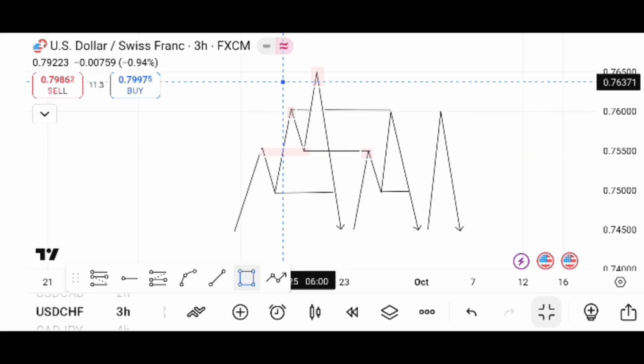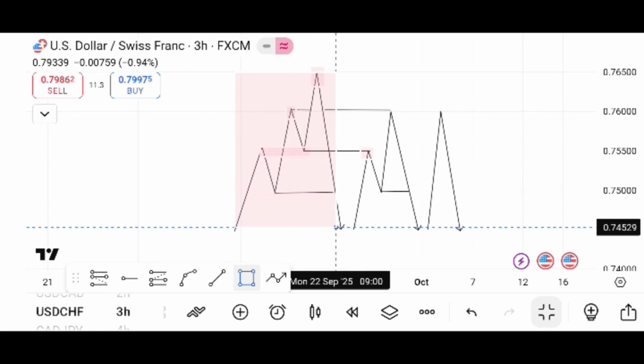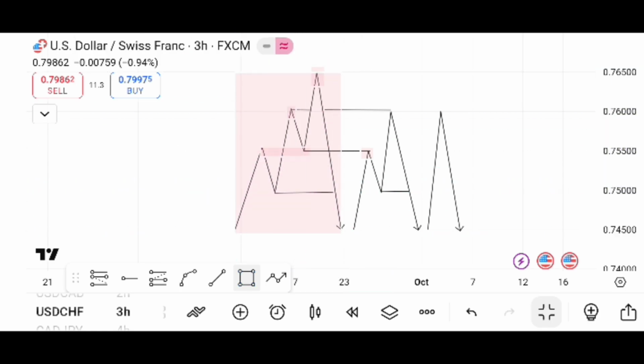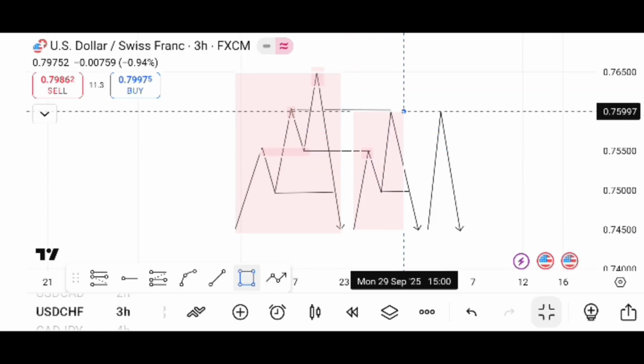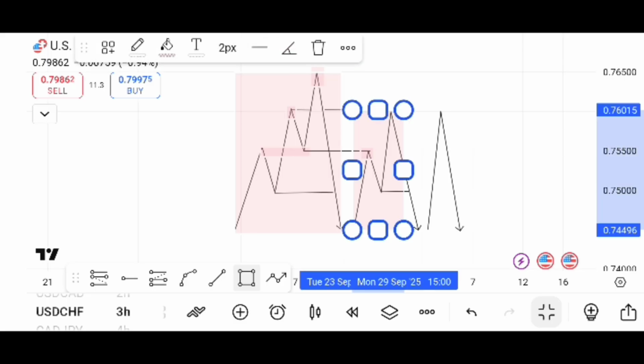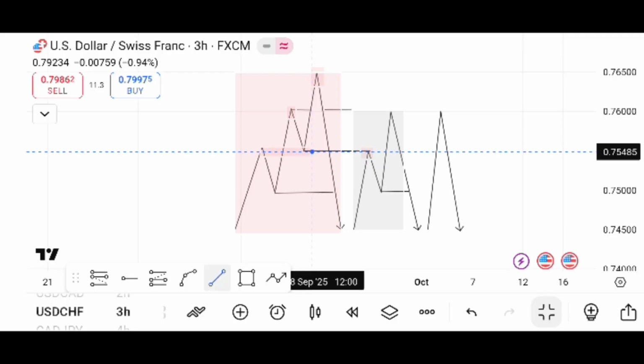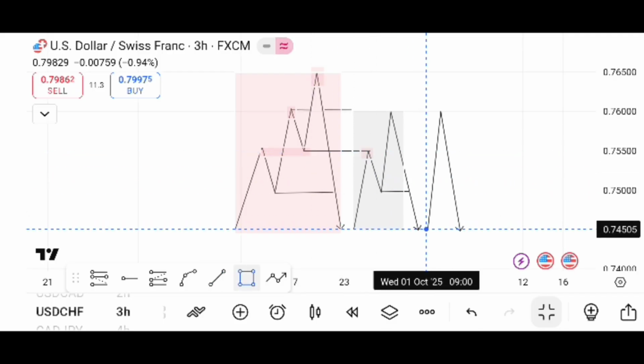Remember, this frame here is a higher time frame, and this frame here is a lower frame of the last frame. So we are refining time frames, right? We are now waiting for the last frame, which is this frame here.